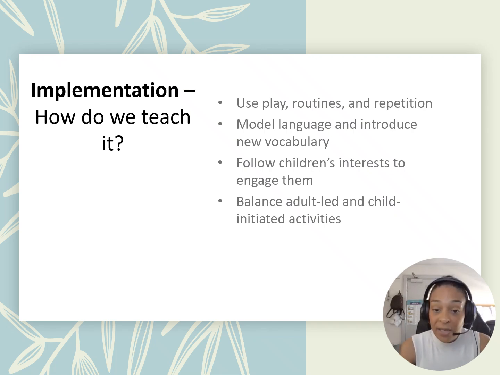Following children's interests is important to engage the children, but also to gauge what's next for them. And then you use things such as a balance of adult-led and child-led routine to initiate activities.